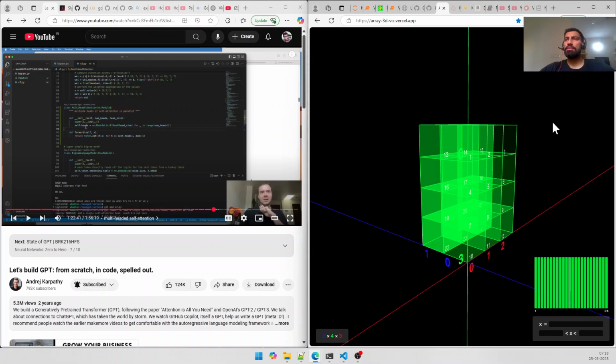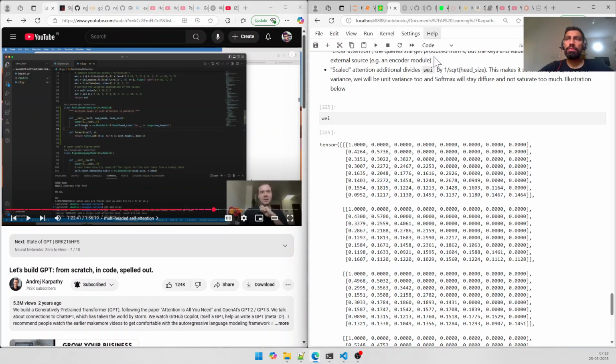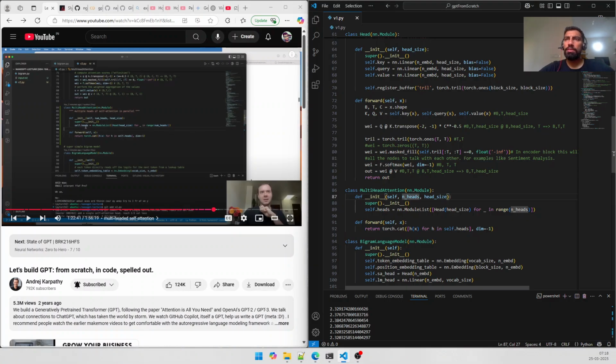The other block next to it will sit on top of this, so they will stack on top of that. So I believe this should be T, yeah. So head size into number of heads.